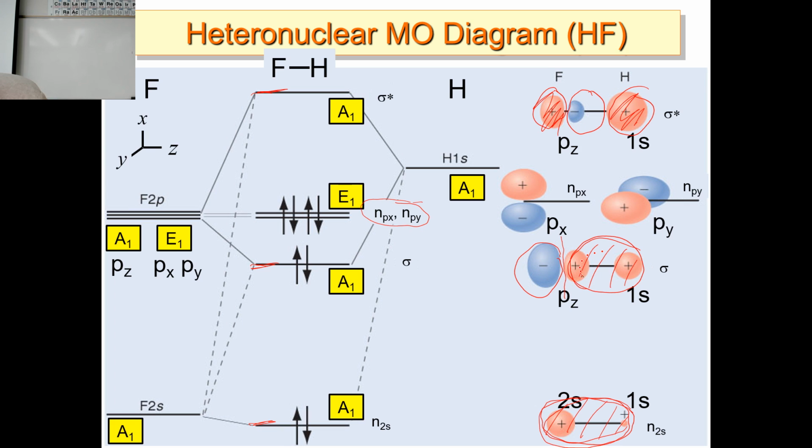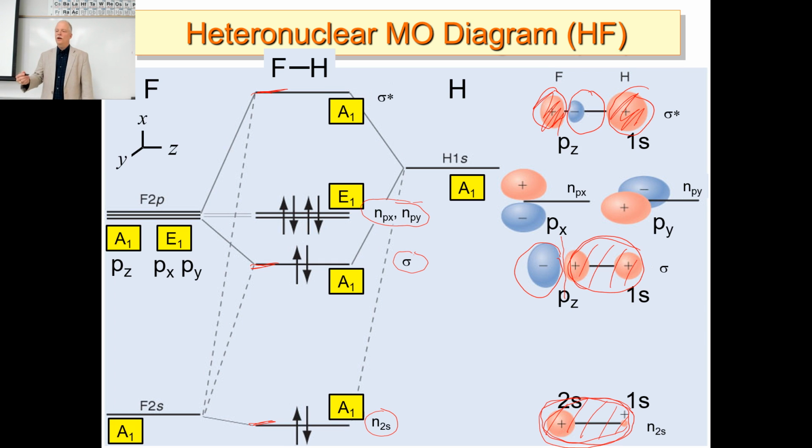This is clearly, see the electron density is covering the bond, and so that's clearly a sigma interaction. This one is mostly the two electrons from the 2s. And so in order to get the bond order to work out as a single bond in HF, we're really seeing that lowest one as a non-bonding.